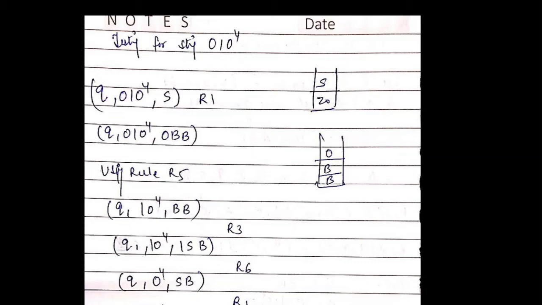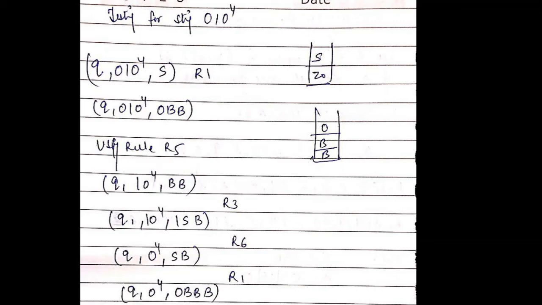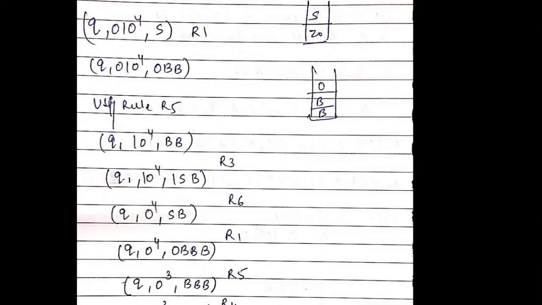We take (q, 010^4, S). By using rule number 1, S is replaced by 0BB. Using rule number 5, both 0 and 0 are popped, so 10^4BB is left. Then using rule number 3, 1SB is there.